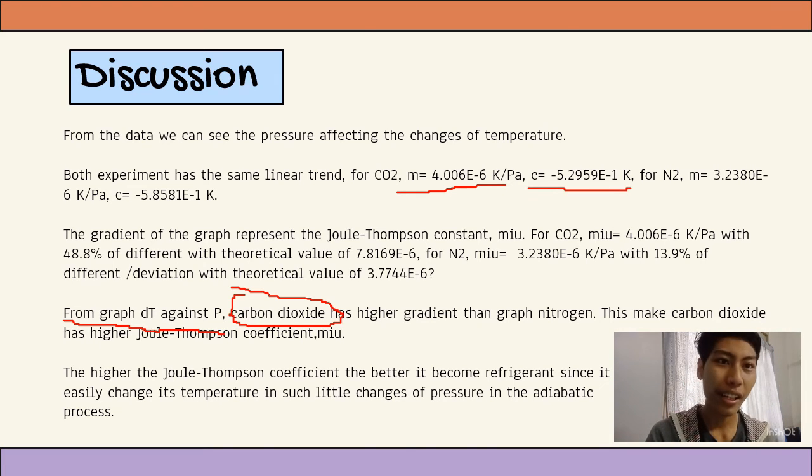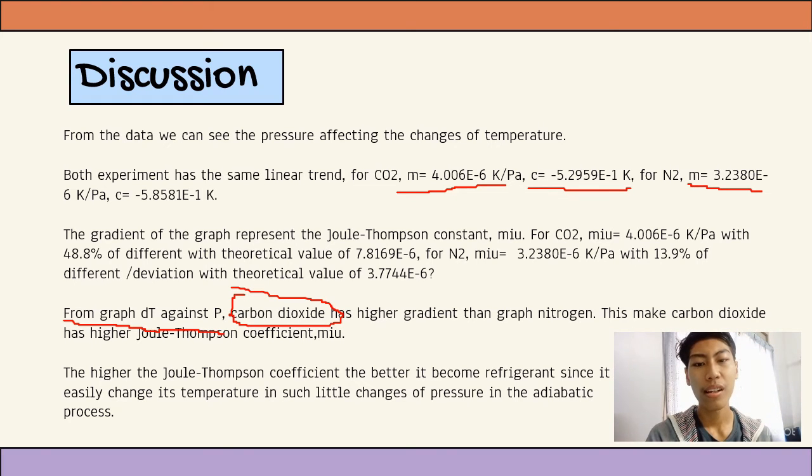And for the nitrogen, it's different, the gradient is lower, 3.2380 exponent -6 Kelvin per Pascal, while the intercept on the y-axis, C, is equal to -5.8581 exponent -1 Kelvin.